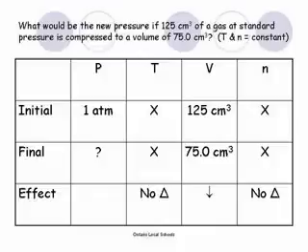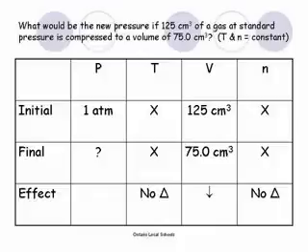Our initial pressure is 1 atmosphere. The temperature stays the same, so we're not going to do anything with that. Our initial volume is 125 cubic centimeters, and our number of moles also remains unchanged, so we'll just put an X there because it's not going to affect what happens here. For our final pressure, we'll put our question mark. That's what we're trying to find.